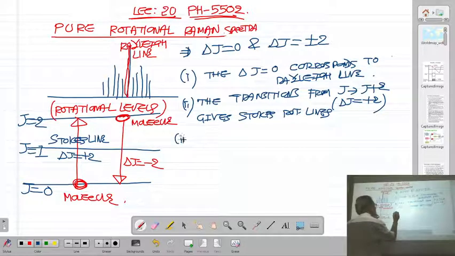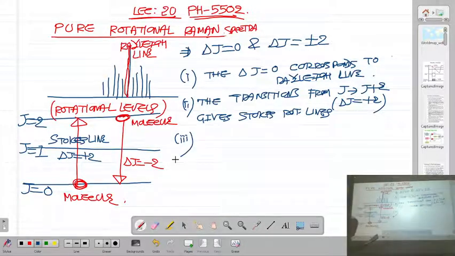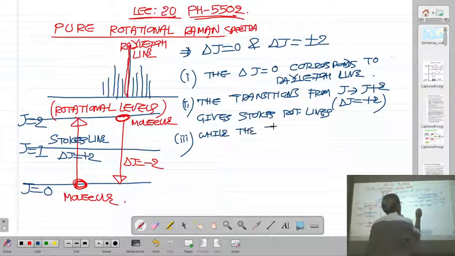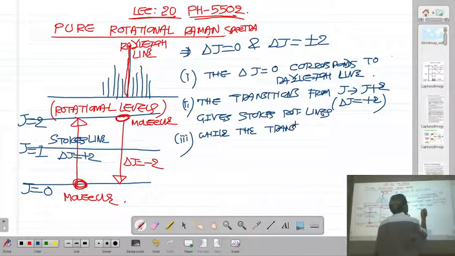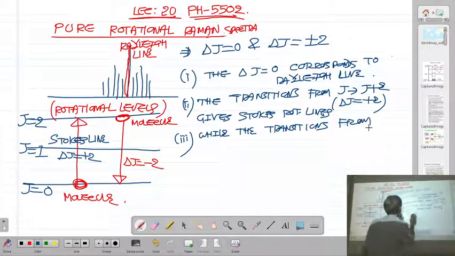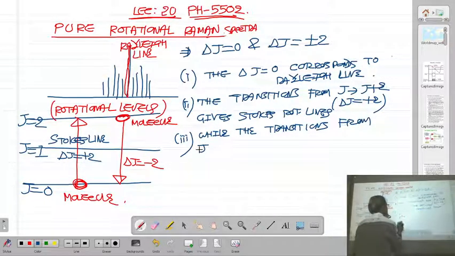And number 3, write the transitions from J plus 2 to J, means the value of delta J will be minus 2.